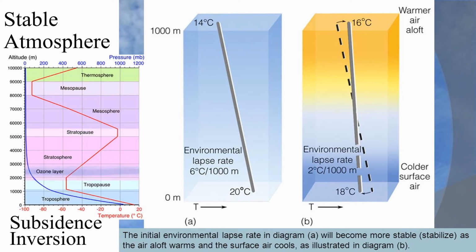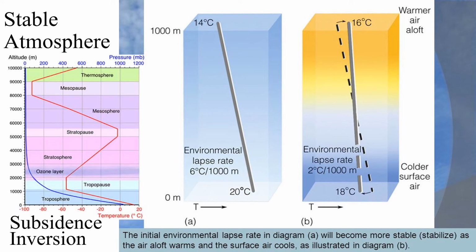After this subsiding, the top of the layer is actually warmer than the bottom, and an inversion is formed. An inversion represents an atmospheric condition where the air becomes warmer with height. Inversions that form as the air slowly sinks over a large area are called subsidence inversions.